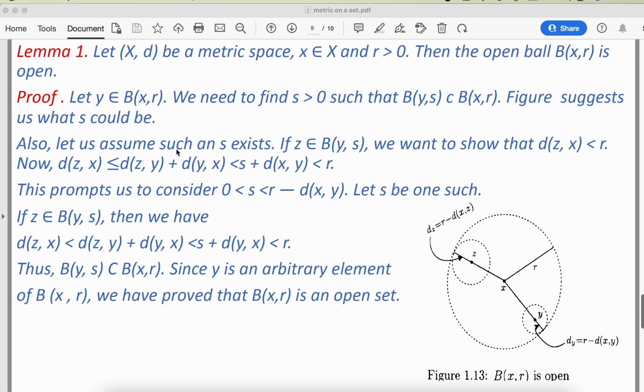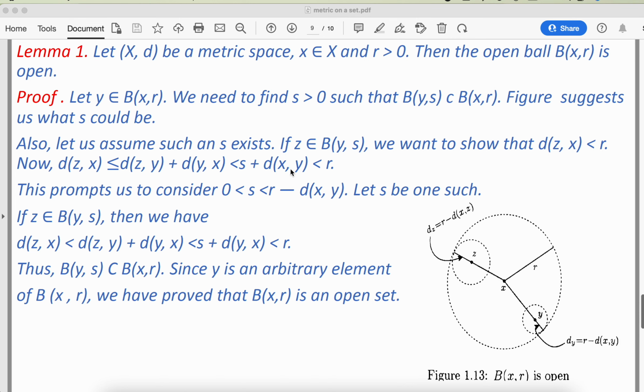So suppose such an s exists. If z belongs to B(y, s), we want to show that the distance of z from x is less than r. Now the distance of z from x is less than or equal to the distance of z from y plus the distance of y from x. This is by the triangle inequality. But the distance of z from y is less than s because z belongs to B(y, s), and the distance of y from x can be written as the distance of x from y.